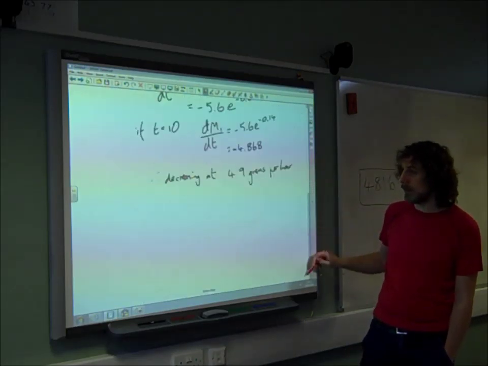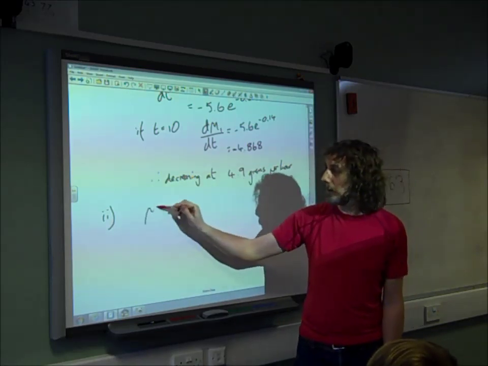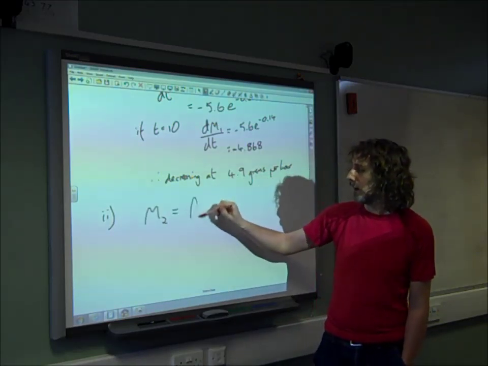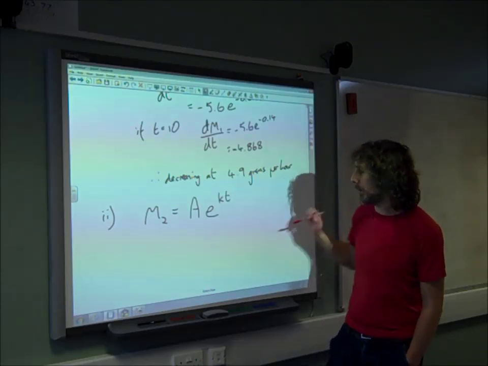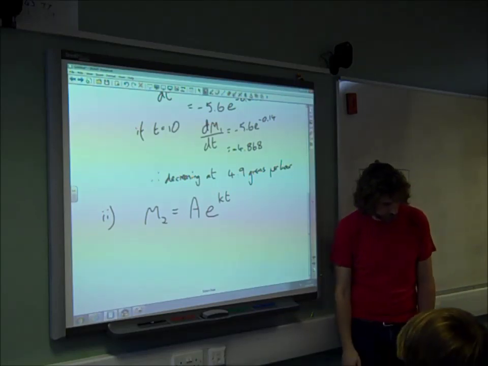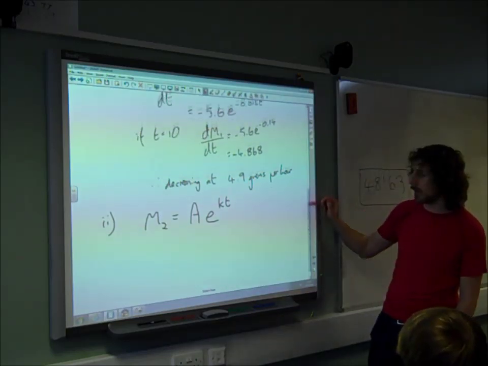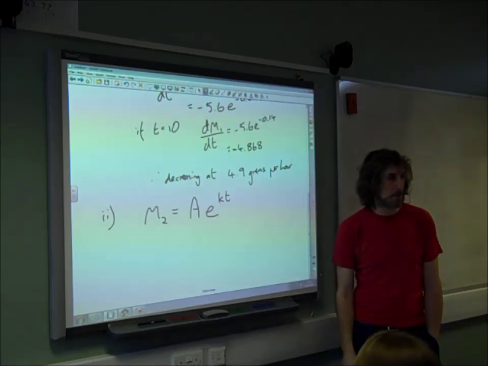So M2, as soon as we read it's increasing exponentially, we know that M2 is something times e to the something times t. I'm using k, which they also used, so that could be a problem, but anyway, we'll just go with it.